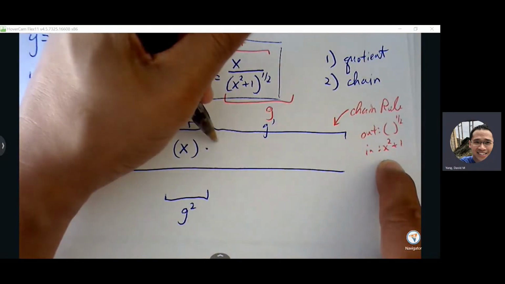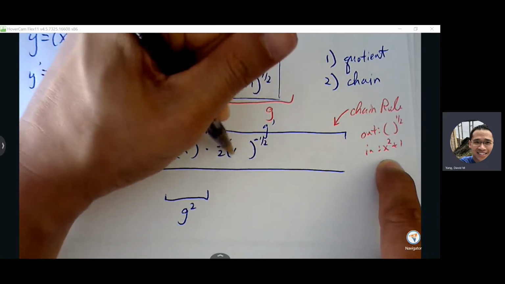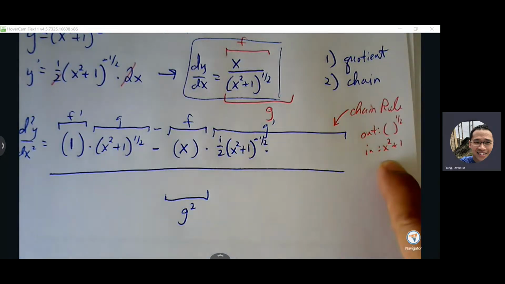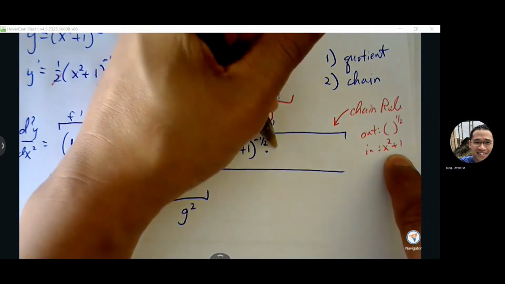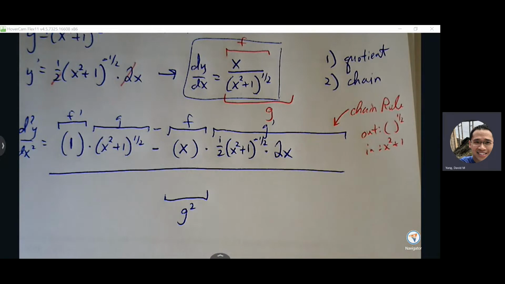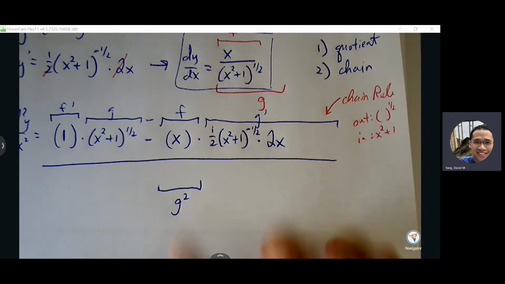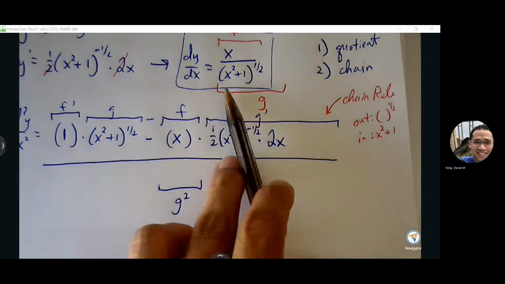So outside derivative, 1/2 parentheses to the negative 1/2. Keep the inside intact. Times what? What's the inside derivative? 2x, right? X squared becomes 2x, 1 goes to 0. So we took care of g prime, we took care of the chain rule portion of this problem. Now we divide it by denominator squared.